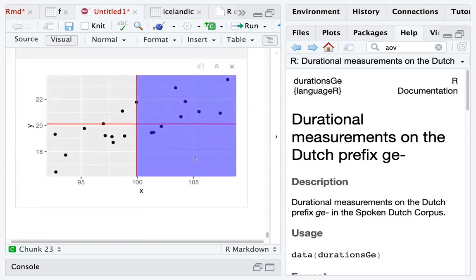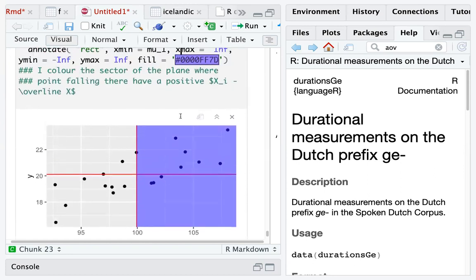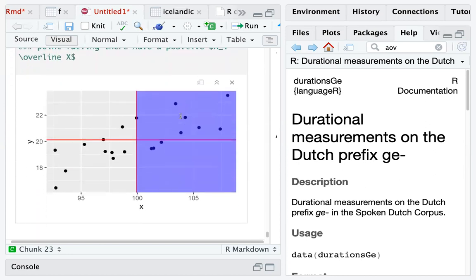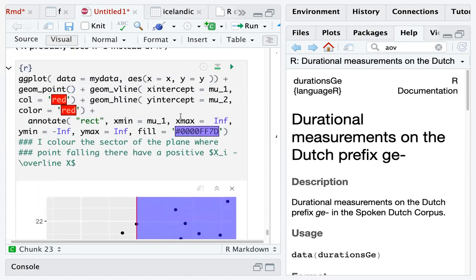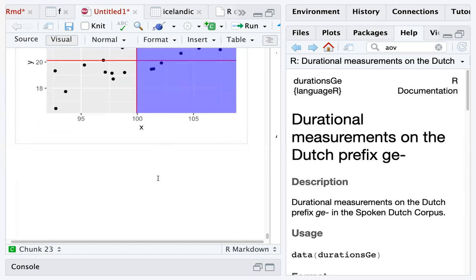So in this region, the product of the x component of the points minus its mean is positive.